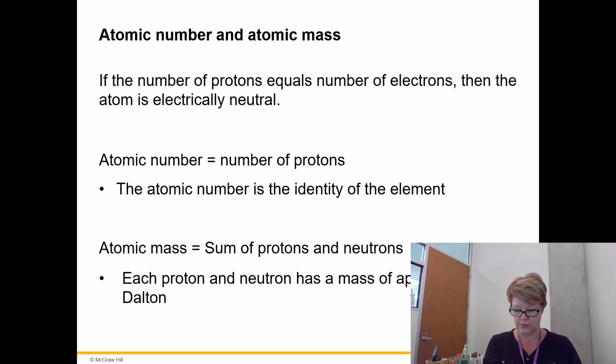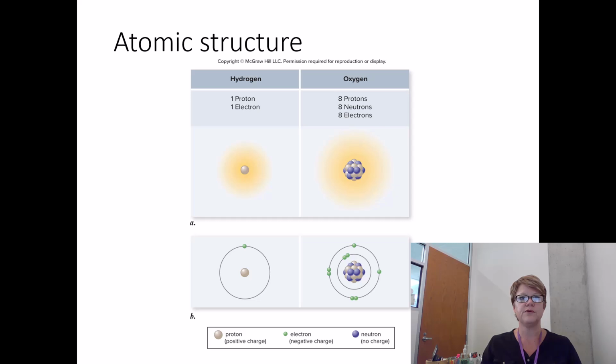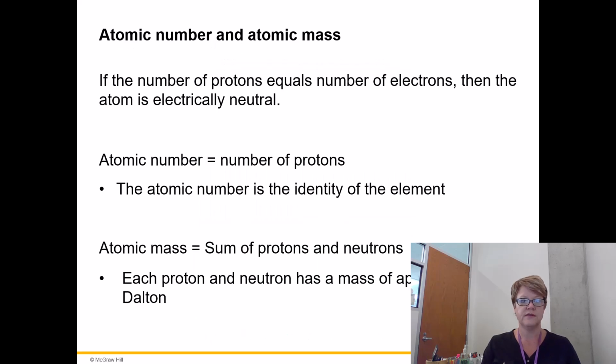The atomic number, if I go back to this example of oxygen, is 8, because oxygen has 8 protons. And then the atomic mass, I reviewed that already. That's where you add together the protons and the neutrons, because each proton and each neutron have a mass of 1 Dalton, and the electrons have no significant mass, so we don't add that in.